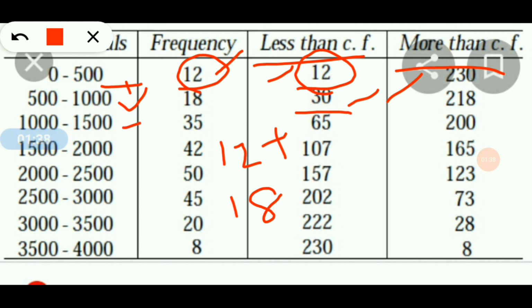Now going to the third one, 35 is the frequency of the third class interval. The less than cumulative frequency of the previous class is 30. So 30 plus the present class frequency 35 equals 65. Clear?